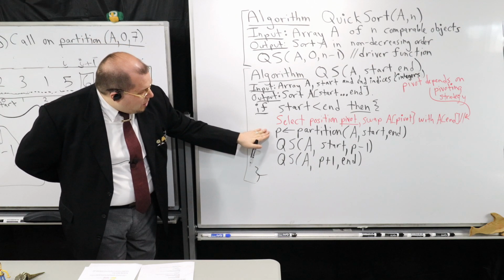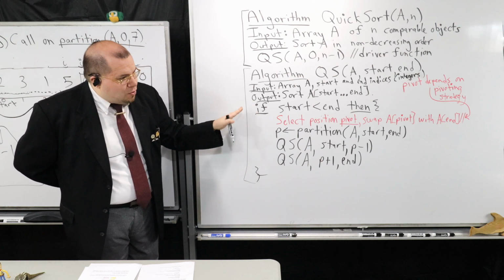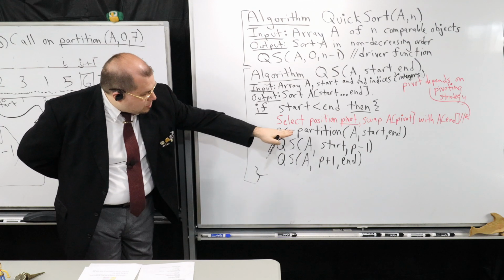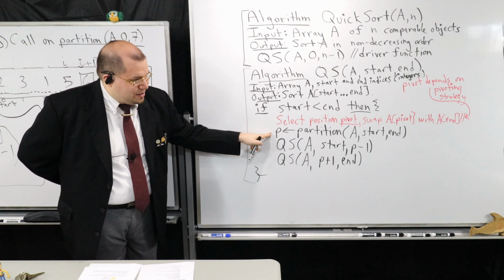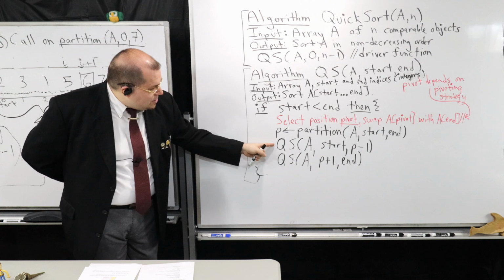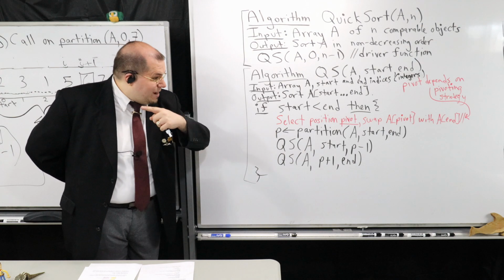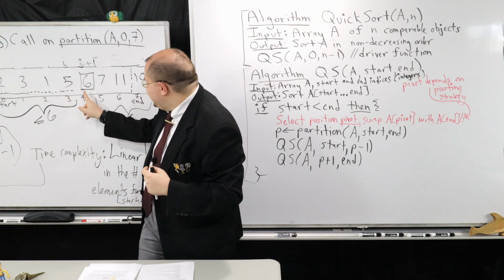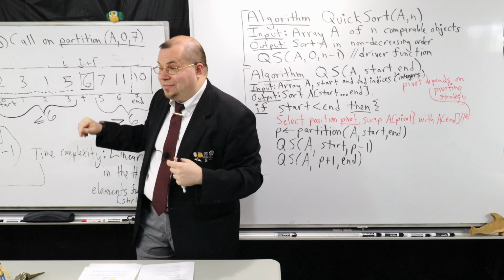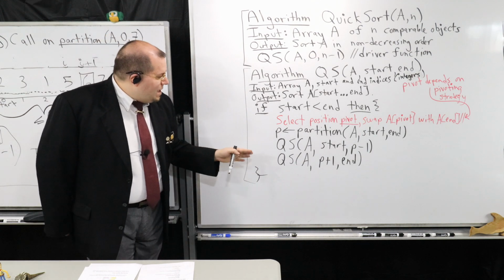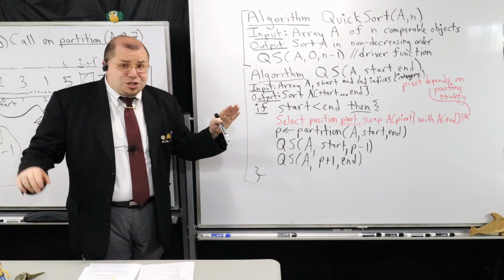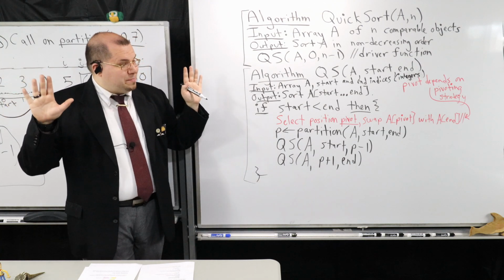So then you call partition in here. If you have two or more elements, you're going to call partition. It returns a position, P, that's the pivot. This is the position of the pivot like in my example right here. Like this one right here, it gives you the position of 6 in our example. Then what you do is something that should remind you a little bit about binary search.